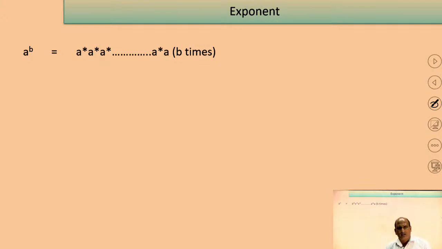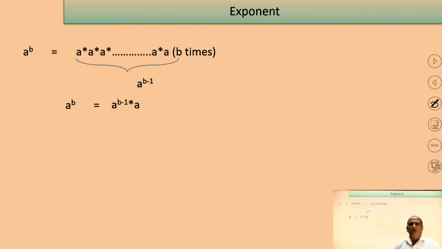Calculating 2 to the power 3 means multiplying 2 three times, 2 into 2 into 2 is 2 to the power 3, and with the same concept, to find a to the power b, we can say that a into a to the power b minus 1 may be calculated.